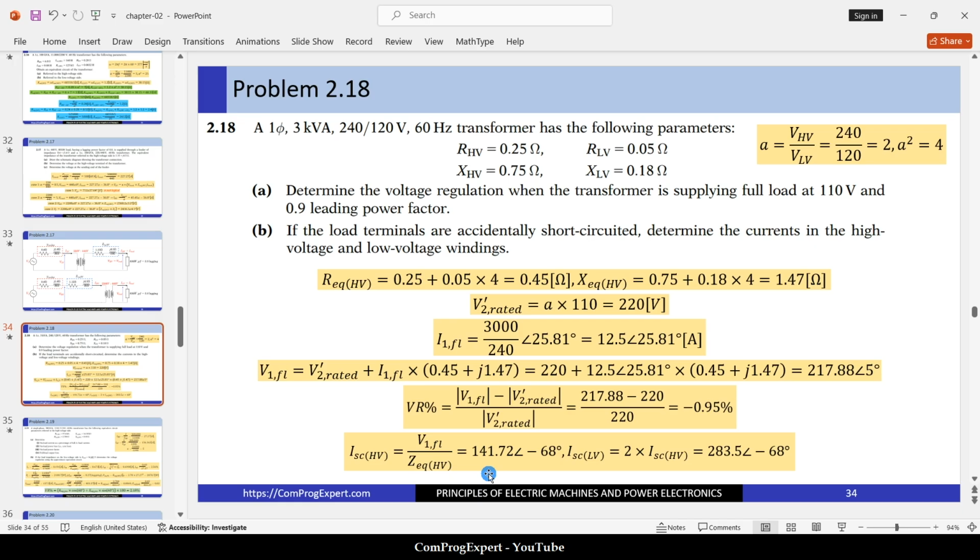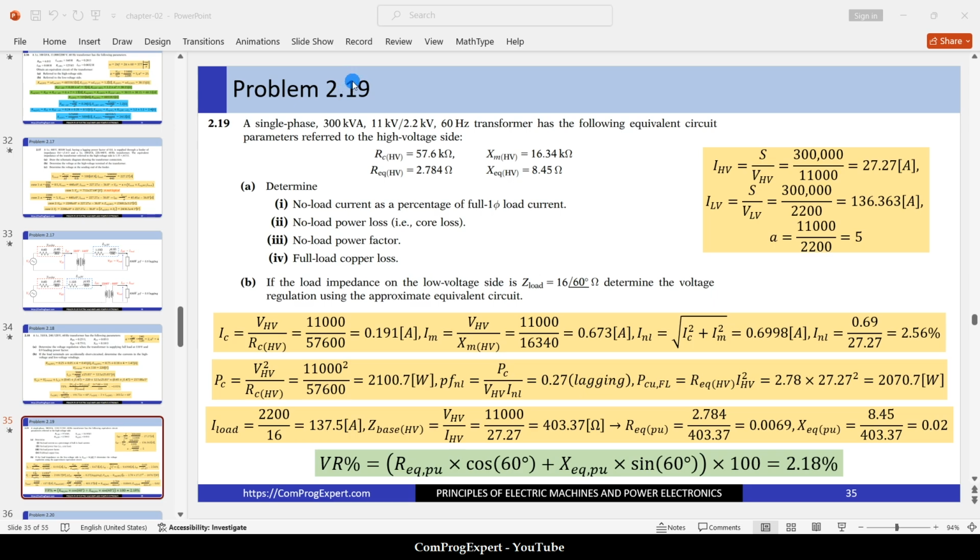So we need to consider a trade-off when we design a transformer between limitation of the short circuit fault currents and the efficiency of the transformer. Anyway, let's go for the next problem.